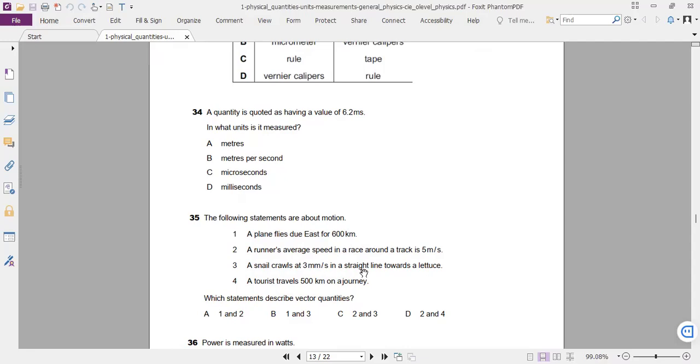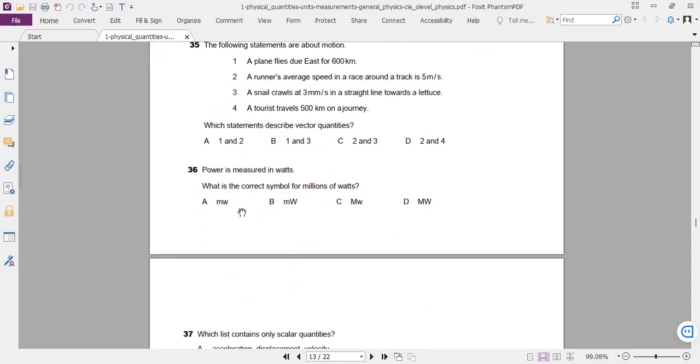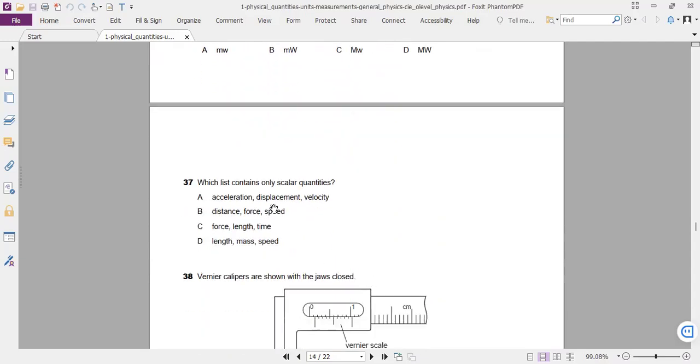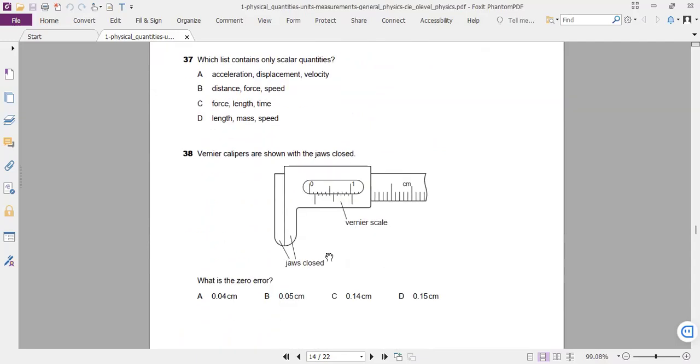The snail crawls in a straight line towards. So there is a direction, but you don't know which direction. And a tourist travels 500 on a journey. So there is direction in 1 and 3. Power is measured in watts. So just ignore this question. We haven't studied this. Which list contains scalar quantities? You should be able to answer this question.